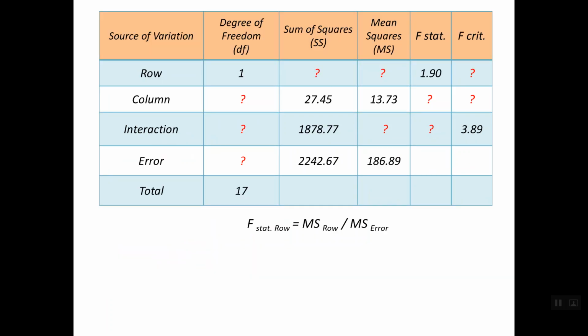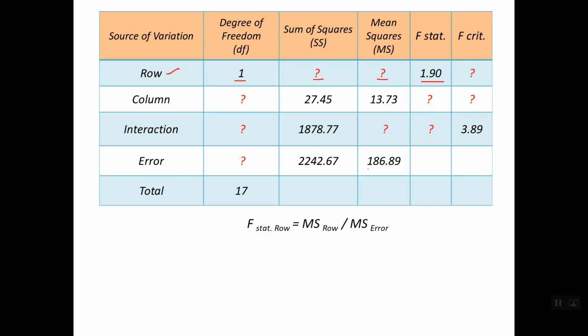So how to start? Let's understand the first factor, the row. This is the first factor. The degrees of freedom for this factor is known, while the SS and the MS for this factor are missing, while the value of the F statistic is known.